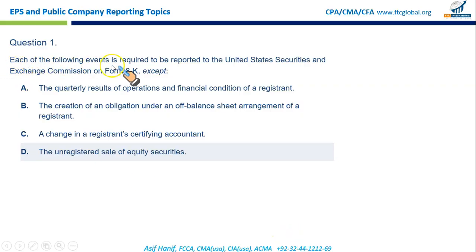Each of the following events is required to be reported to the United States Securities and Exchange Commission on Form 8-K, except.